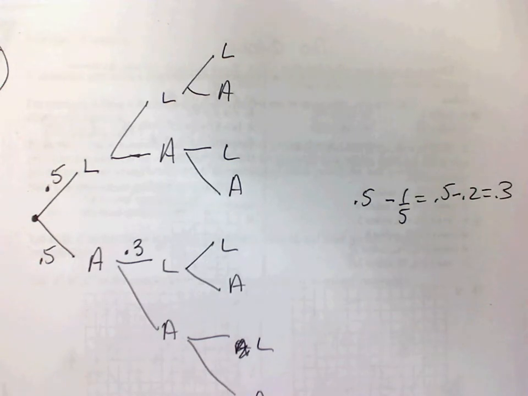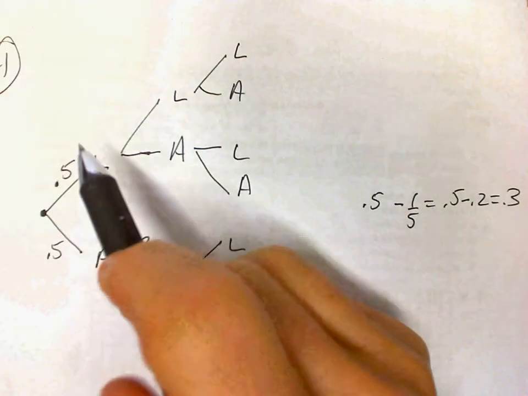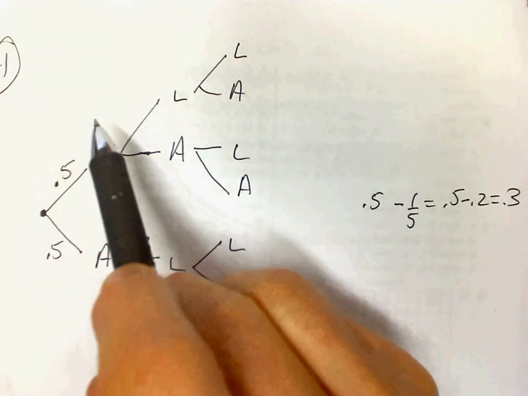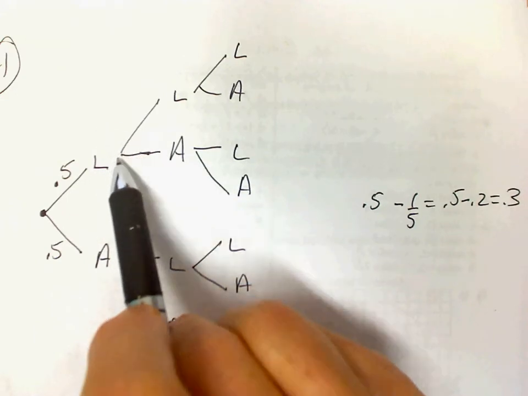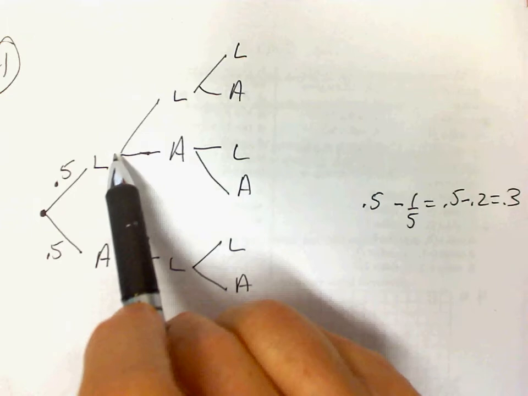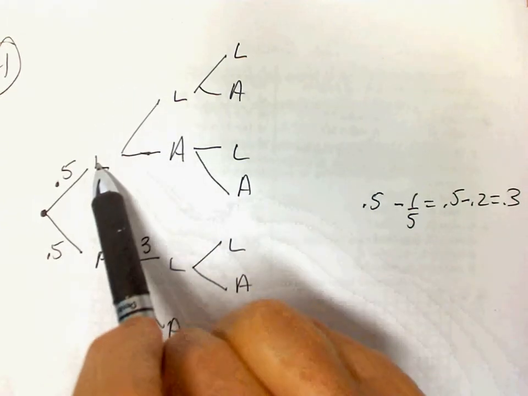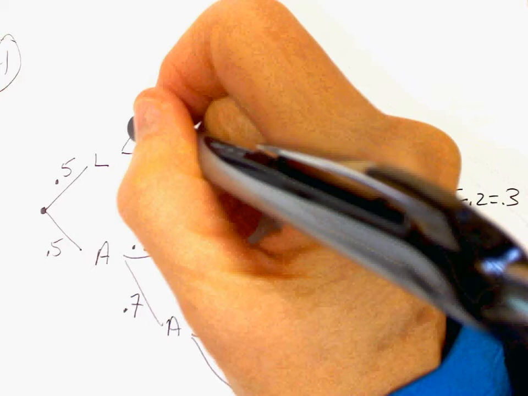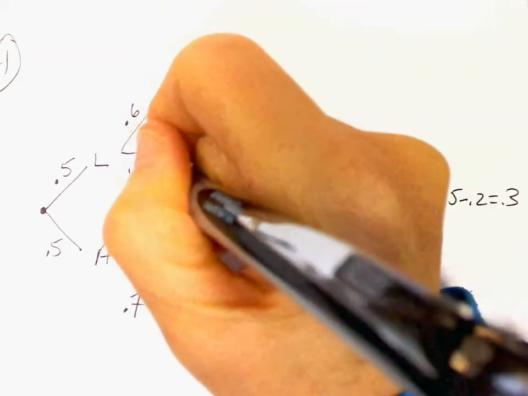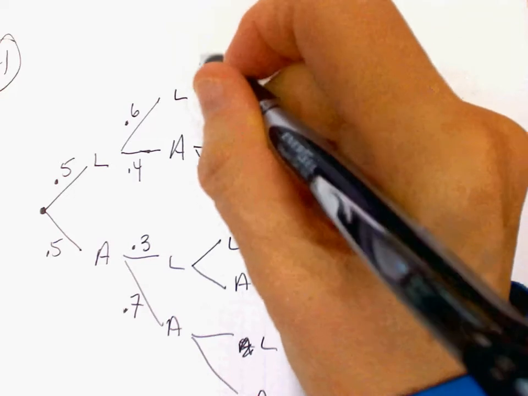Now, if Ling wins, it increases by 0.1, so this becomes 0.6, and this is 0.4. So this increases by 0.1, that's 0.7, and 0.3.